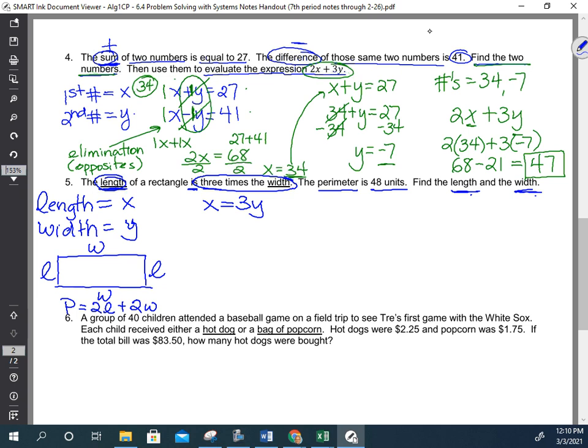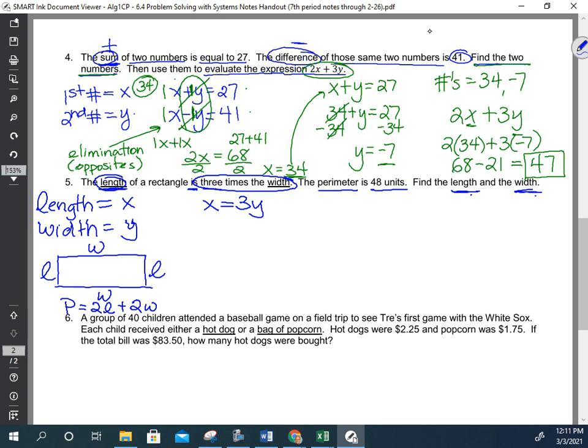Second equation. The perimeter is 48 units. So what could the second equation be? Anybody? So 48, I agree with 48.